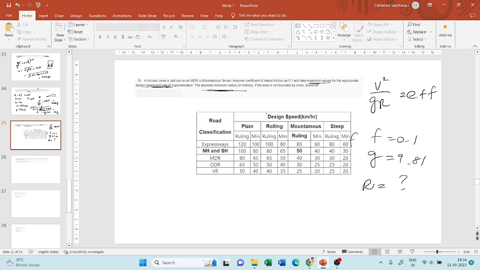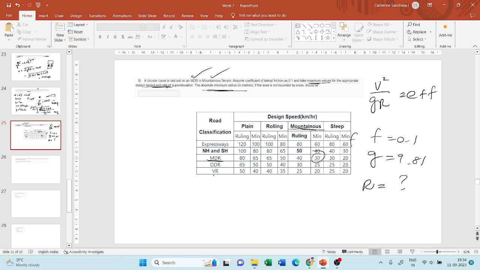Now how will you know the speed of the vehicle? They gave you the type of terrain and also the type of road, so you have to pick the speed. So MDR, mountainous terrain. Okay, so the speed is 30 kilometers per hour, right?